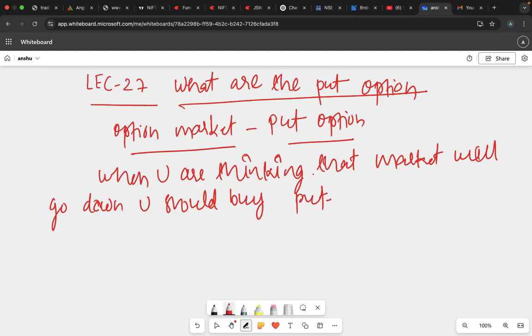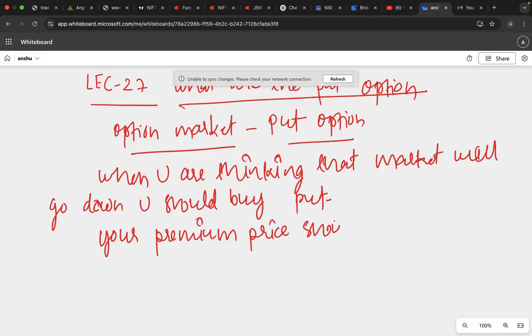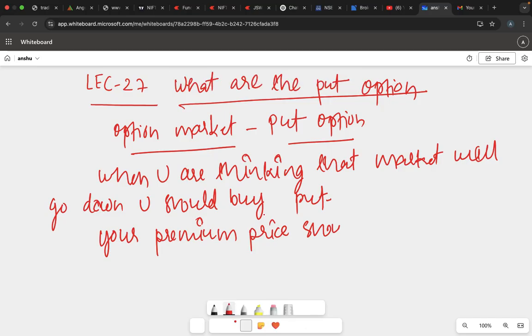If you buy a put option, you definitely have to pay the premium to the seller, and your premium price should be in an uptrend.